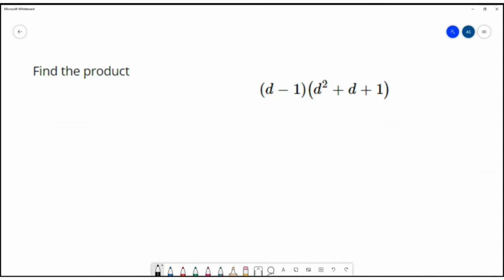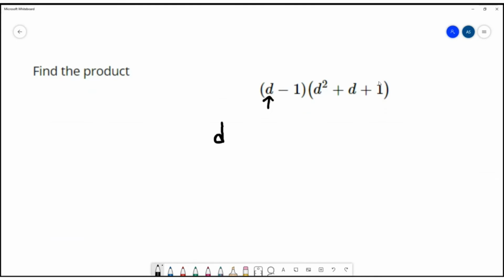So one way to stay organized is to start with the first term in the first polynomial, d. And remember, our goal is to multiply each term in the first polynomial by each term in the second polynomial. So I know I want to multiply d times every single one of these.